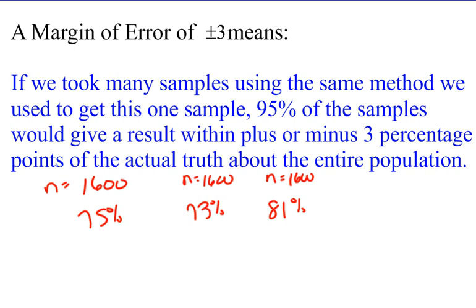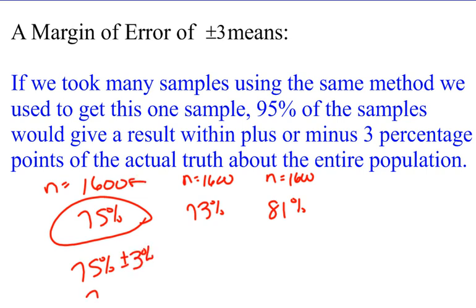Now, over time, I expect 95% of my samples to be within my margin. Here's my sample: this one gave me 75%, and I'm at plus or minus 3%, right? That's what 1,600 is, a 3% margin of error.